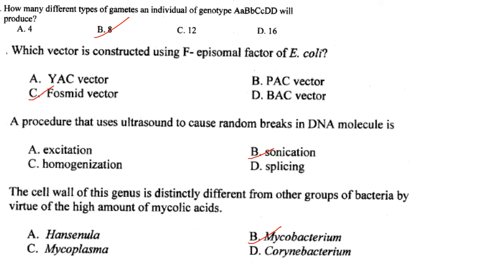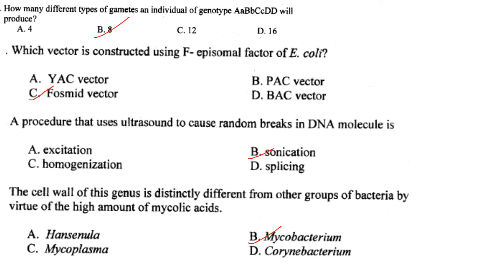Which vector is constructed using the F episomal factor of E. coli? So the vector is called fosmid vector. Answer is option C. A procedure that uses ultrasound to cause random breaks in DNA molecules is... So it is sonication that causes random breaks in DNA molecules.